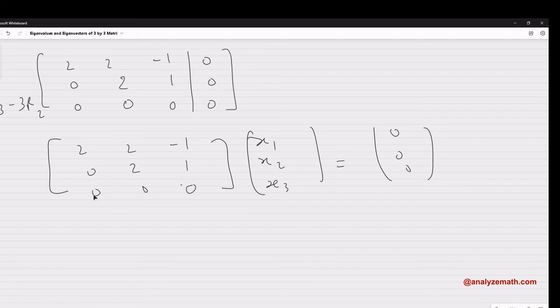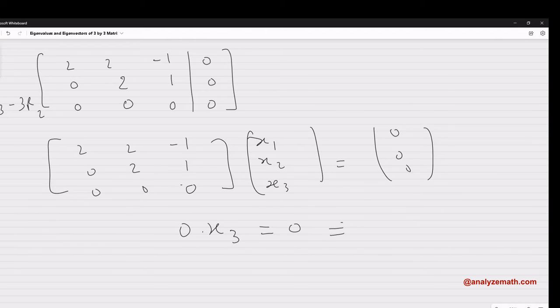Good. It seems that the last row is the easy one to solve. So this reads like 0 times x1 plus 0 times x2 plus 0 times x3 equal to 0. Now forget about the 0 x1, forget about 0 x2. We simplify, and then we end up with this.